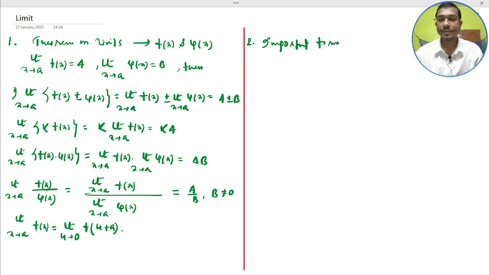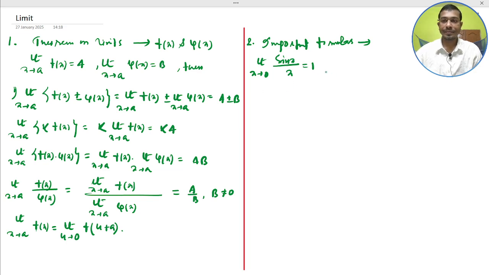Important formulas. First of all, limit x tends to 0 of sin x by x, that would be 1.